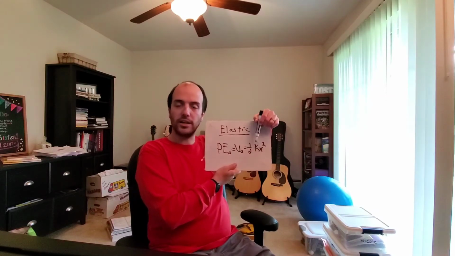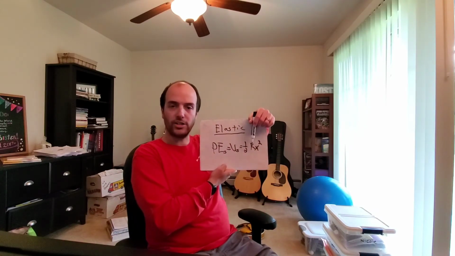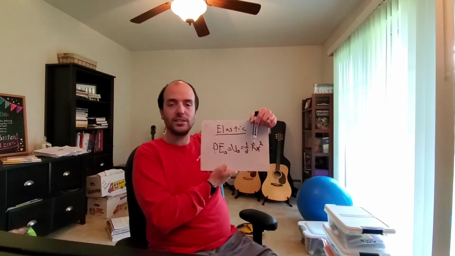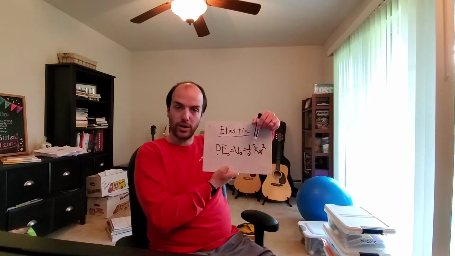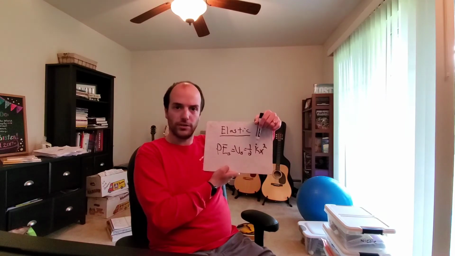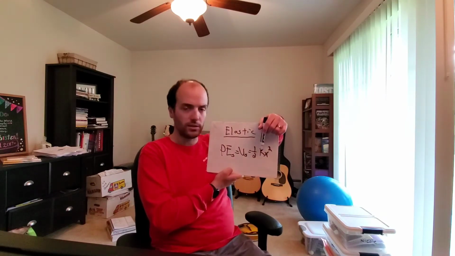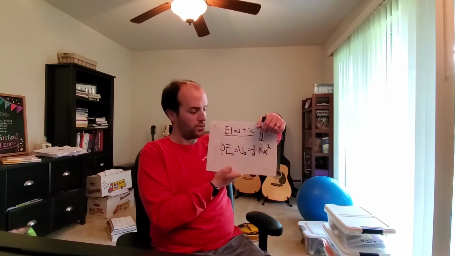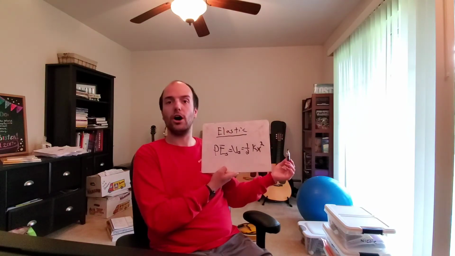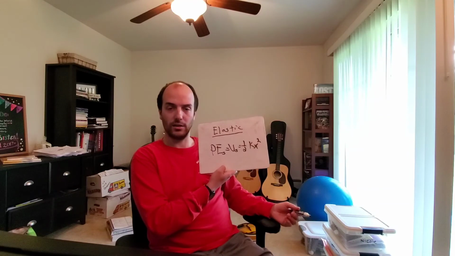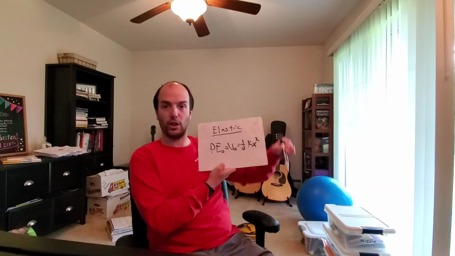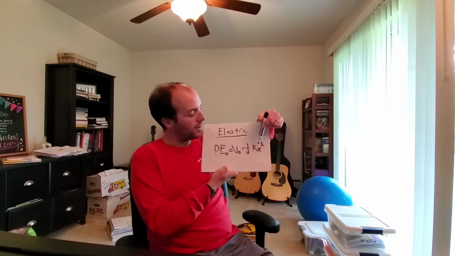The spring constant is a value for each individual spring that basically tells you how stiff that spring is. The greater the spring constant, the stiffer the spring. The lower the spring constant, the less stiff the spring. So for example, the suspension in your car will have a very high spring constant, whereas a slinky, comparatively speaking, will have a very low spring constant.